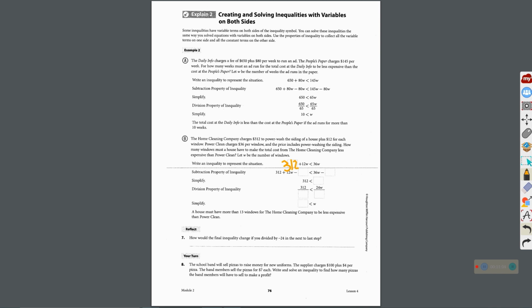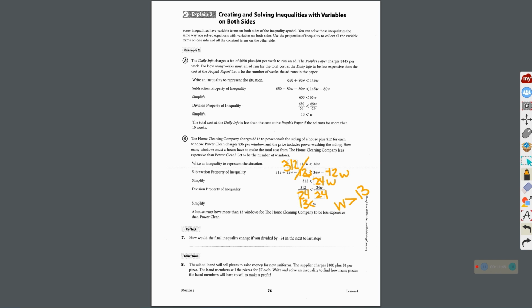We are going to subtract 12W from both sides. So this makes 0, and 36 minus 12 leaves us with 24W. Then we will divide by 24 on both sides. And then 312 divided by 24 is 13. So we can rewrite it so the open mouth is facing the W, meaning it must have more than 13 windows for the company to be less expensive.